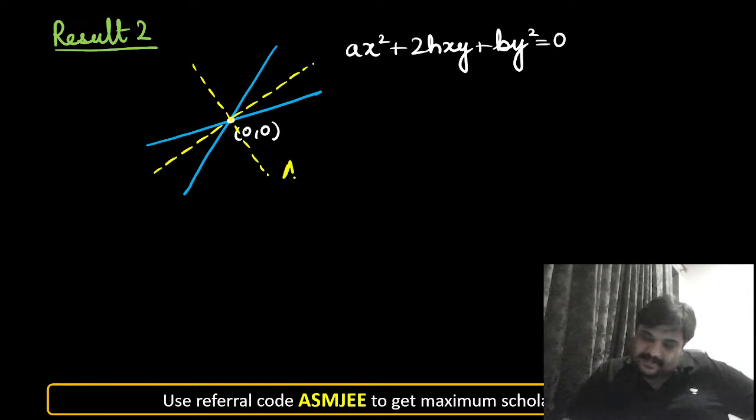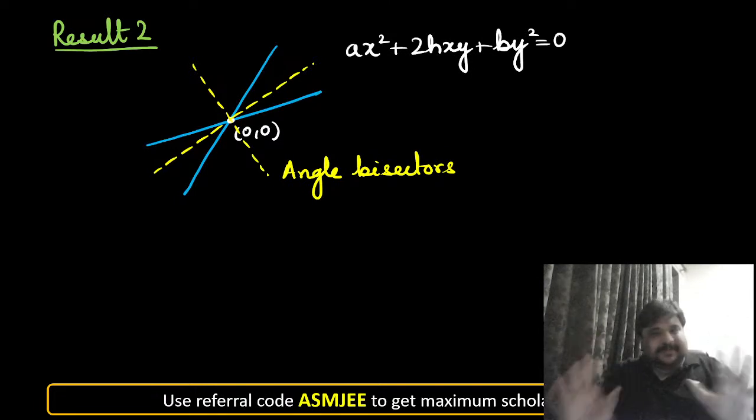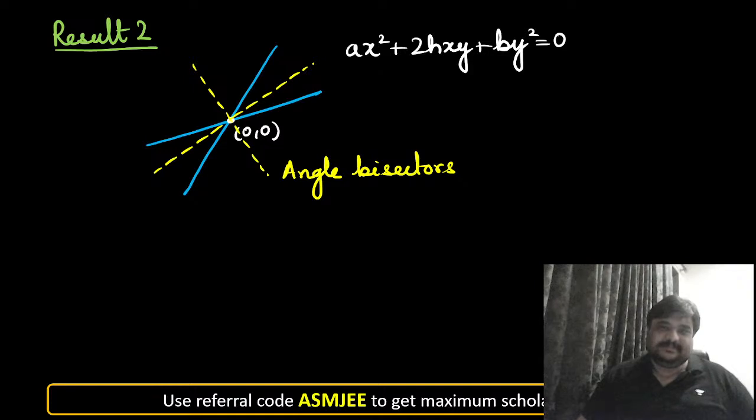These are the angle bisectors. And since angle bisectors are 2, let's multiply them and get their pair also. So angle bisector pair is obtained by this.